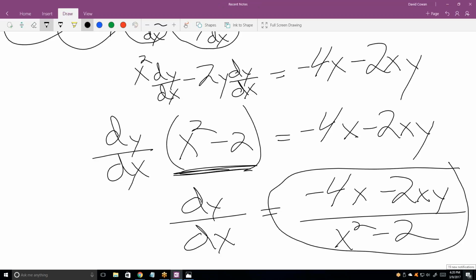Now, the one thing that's very different between explicit differentiation and implicit is when you explicitly differentiate something, you always end up with answers that have nothing but x. When you implicitly differentiate something, you frequently have both x and y in the answer. Like we do here, we have x and y.